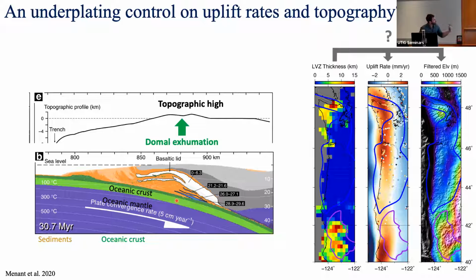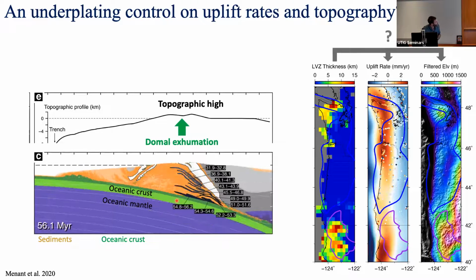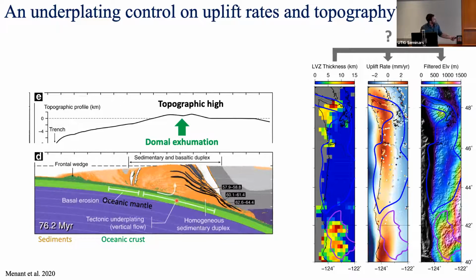As we evolve this process of basal accretion, what we see is this domal exhumation of material above our downgoing plate, leading to these kind of anticlinal structures of intercalated basaltic slivers, shown here as these darker colors, and these predominantly sedimentary rocks. Now, assuming your exhumation can outpace your erosion, you're going to build up a topographic high immediately above the locus of basal accretion over geologic time.